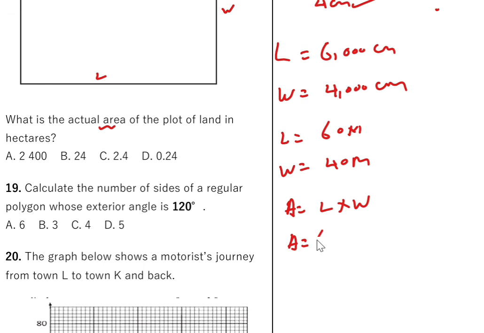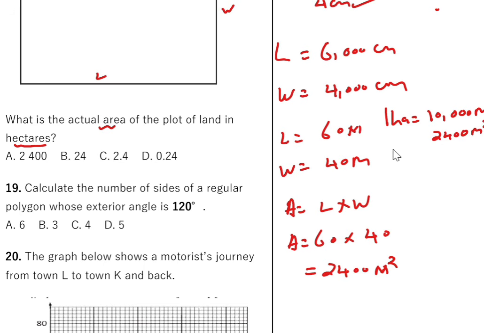I hope you are following. 60 times 40, we get 2,400 square meters. Remember, we want the area in acres. And you know that 1 hectare, not acre, 1 hectare is equal to 10,000 square meters. So what about 2,400?